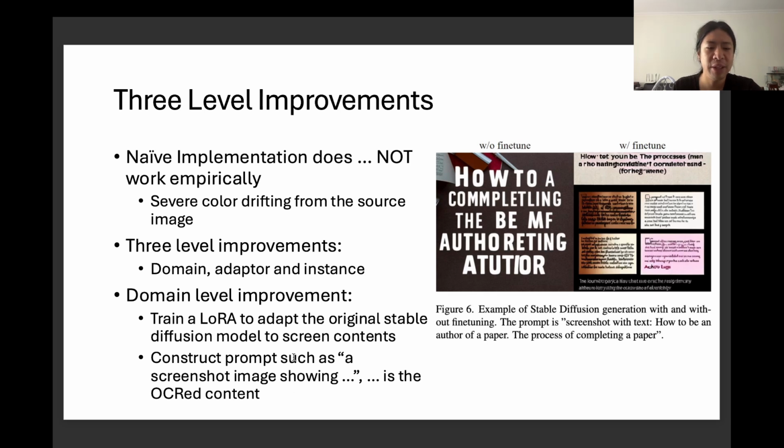So we will construct a prompt such as a screen content image showing something, and this something is actually the OCR content. As shown in the image examples on the right, after LoRA fine-tuning, our stable diffusion model is able to generate a more screen content-like image. However, without the LoRA fine-tuning, our stable diffusion model will generate something more like a poster.